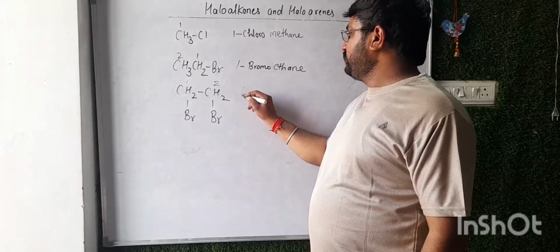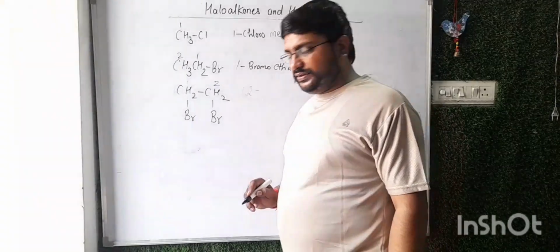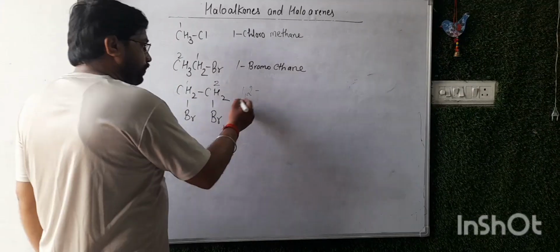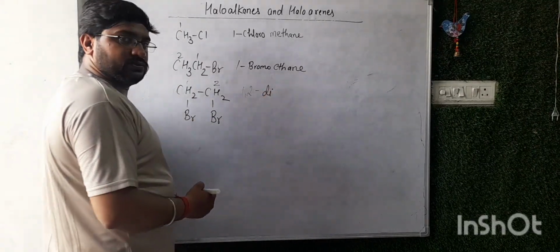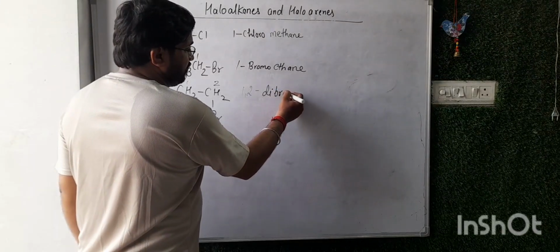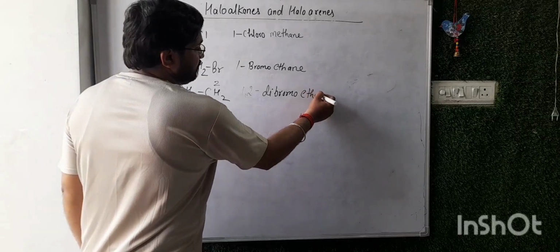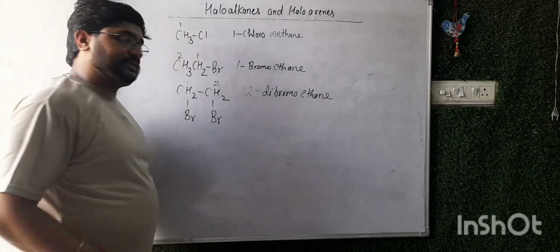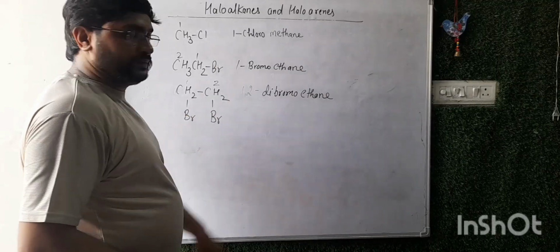So we write 1, comma, 2, then a hyphen. The same halogen comes 2 times, so we write di, then bromo. For the 2 carbon alkane it is ethane. This is the IUPAC name of this compound: 1,2-dibromoethane.